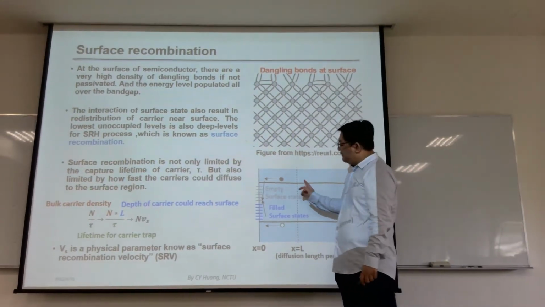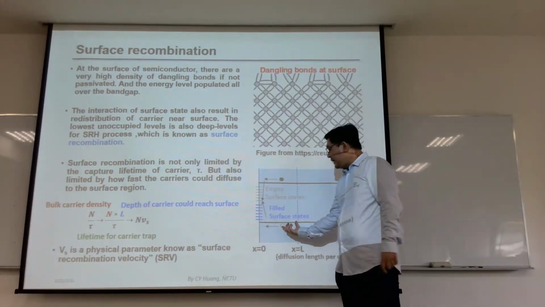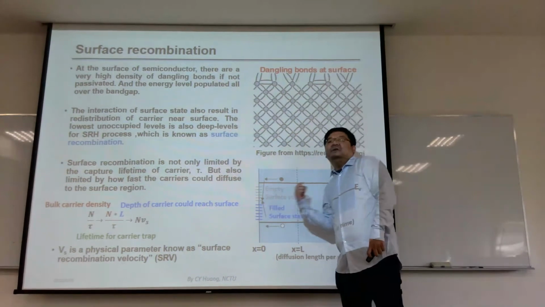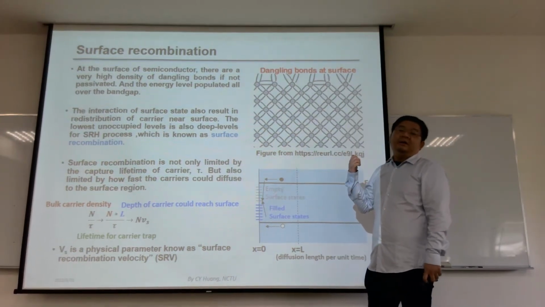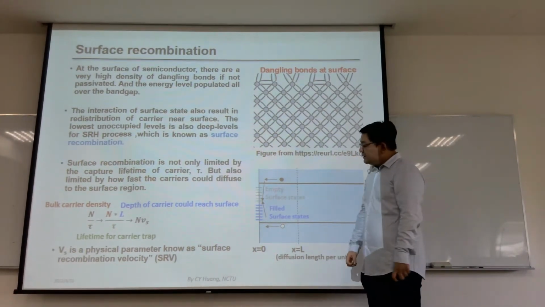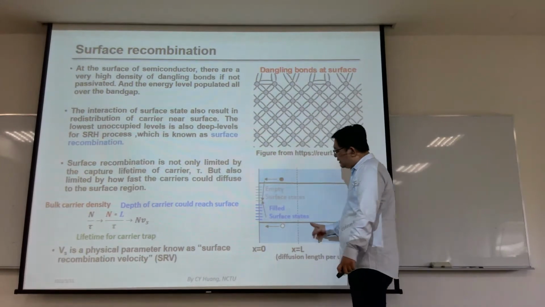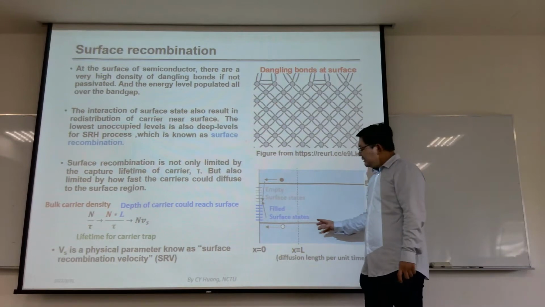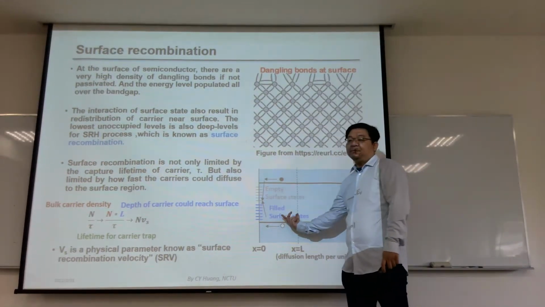But if it is near, then the carrier near the edge of the crystal usually has a low efficiency. So an important term is the diffusion length of your carrier in the crystal.